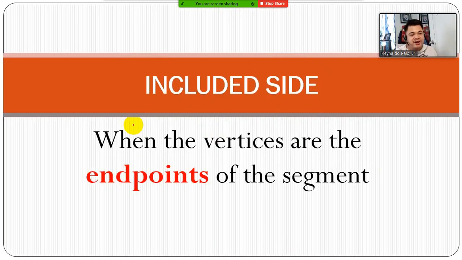Now let's talk about the included side. When the vertices are the endpoints of the segment, we call it the included side. In simple terms, in a triangle, if there are two consecutive angles, the segment that is formed in between is what we call the included side.